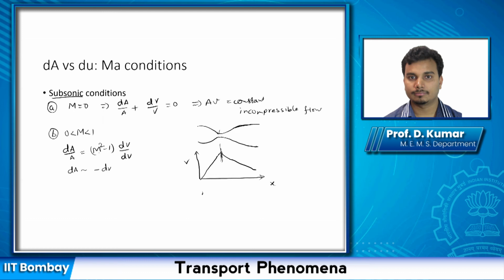So similarly, what will happen to pressure? You typically plot this as P by P naught, where P naught is the condition here, and P is at any location. We know in this case we haven't considered any frictional losses, so P plus half rho V squared is constant, roughly you can write that.